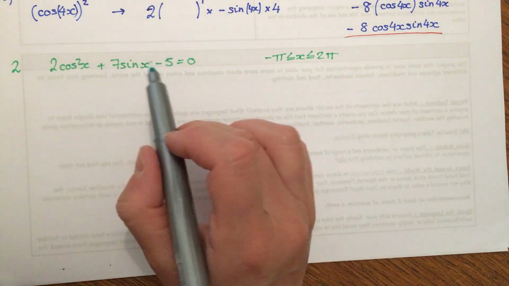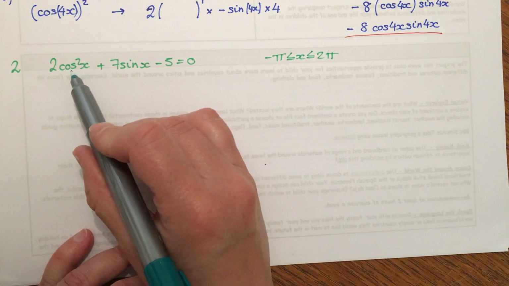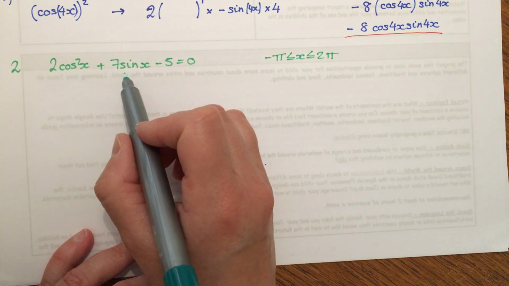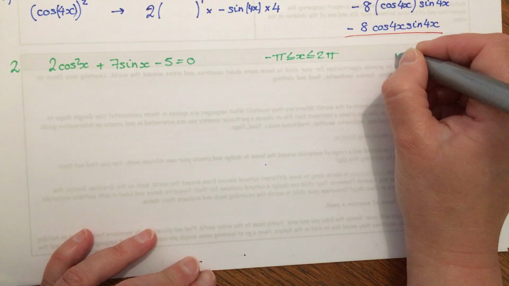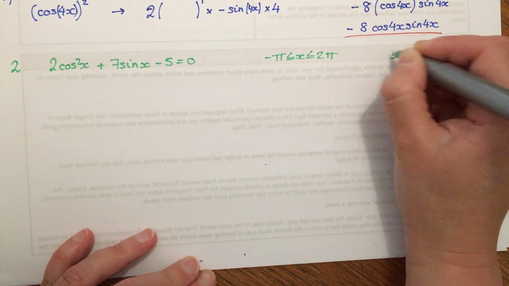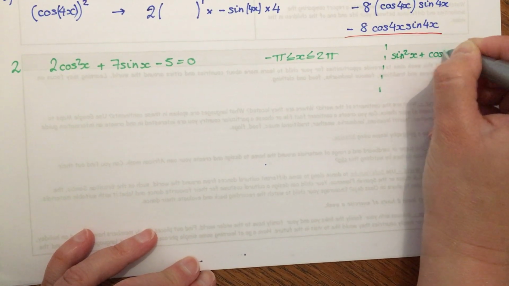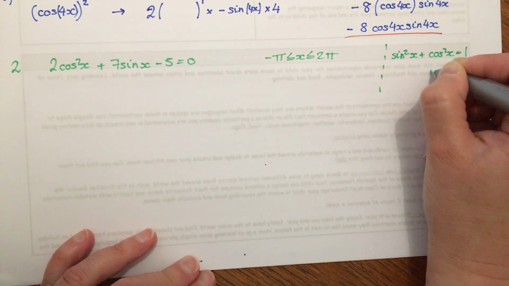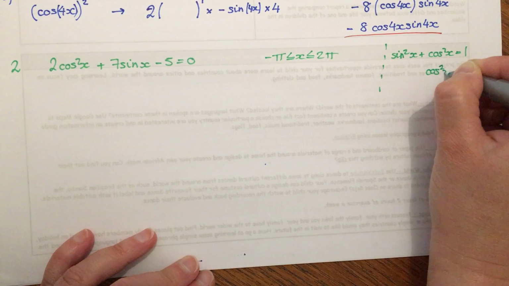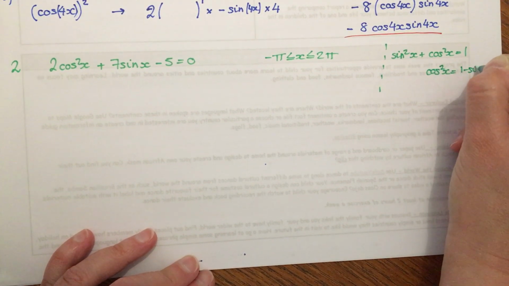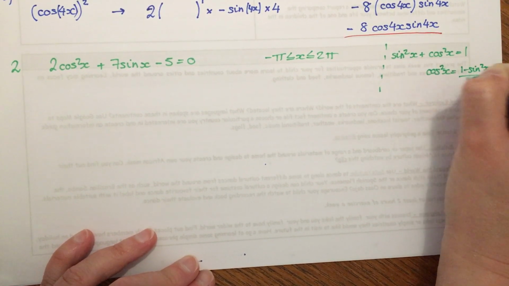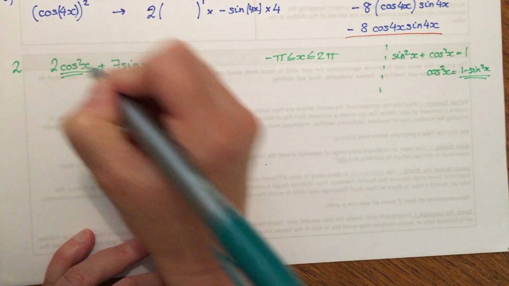So first of all, this is a quadratic, except we can't solve it yet because we've got cos terms and sine terms. So we need to use our identity that sine squared plus cos squared is 1, which we can rearrange to cos squared equals 1 minus sine squared. And that's what I'm going to substitute in here.